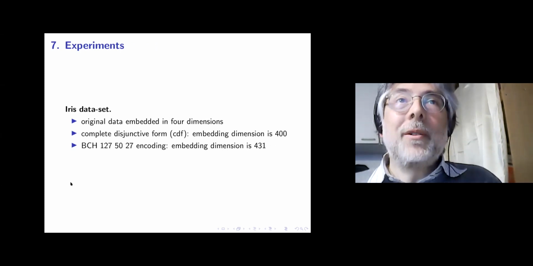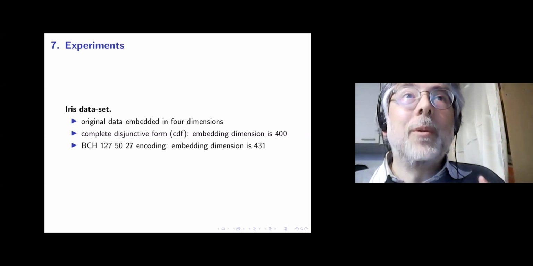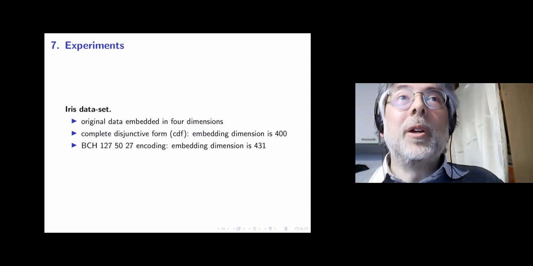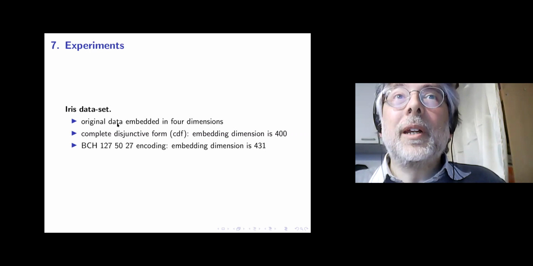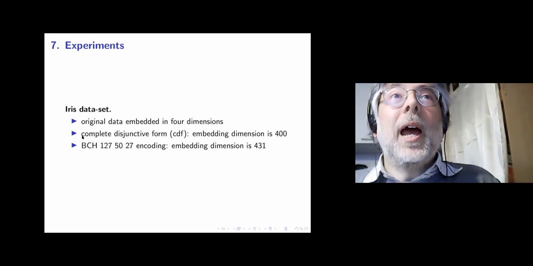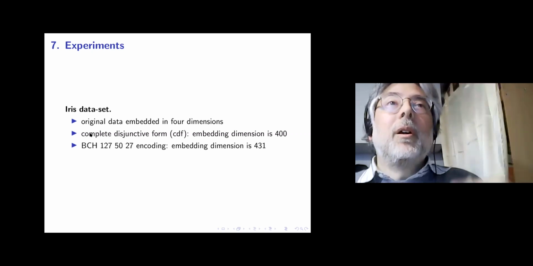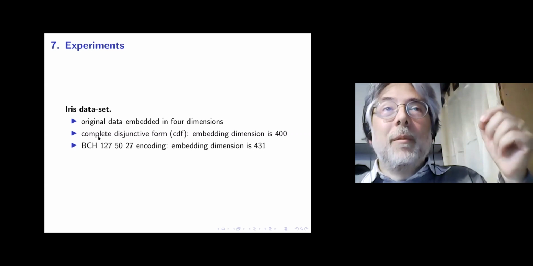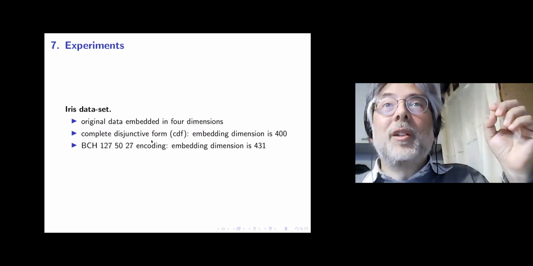In the paper there's another data set, but I'll discuss just the iris data set from Fisher in 3 different encodings. First, the original raw data, a data set embedded in 4 dimensions, so you have 4 attributes. Another coding of the data is called, by Fionn Murtagh, complete disjunctive form.